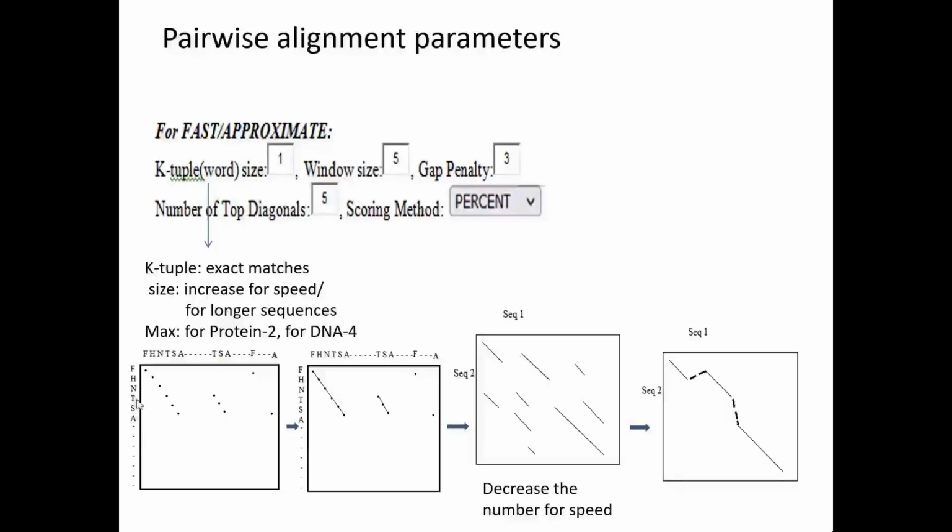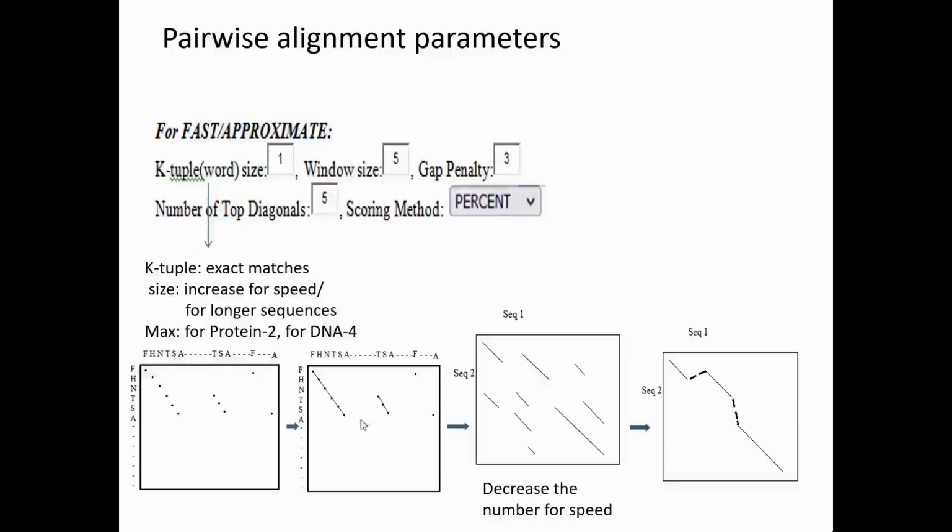For better representation, I have shown this in a dot matrix. Here the sequences are written one horizontally and one vertically, and when there are exact matches between each other, meaning identical residues, a dot is placed. A few residues are shown here, so a few dots are shown in this box.